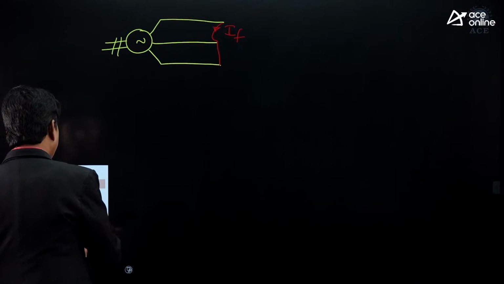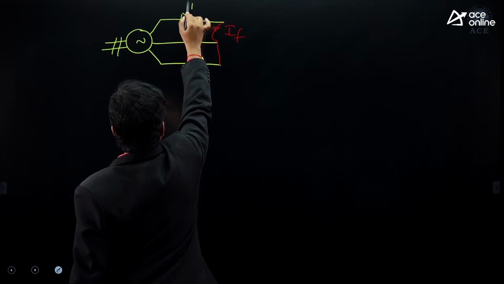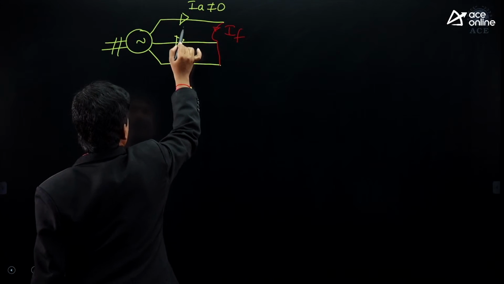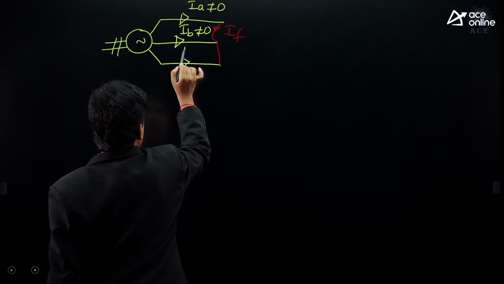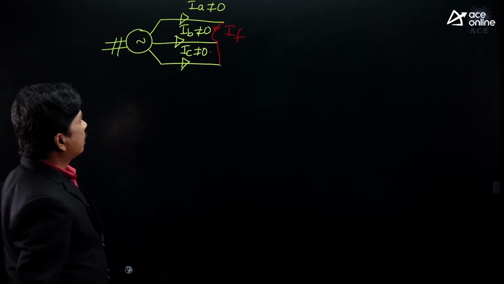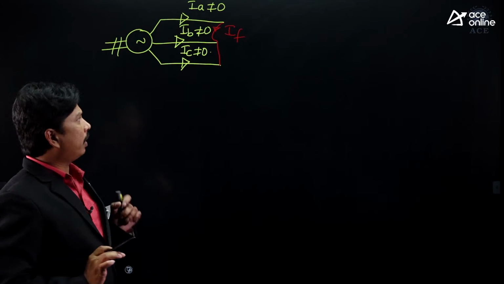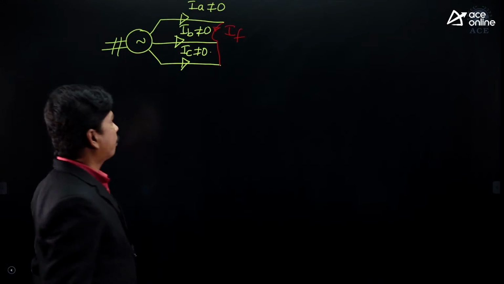So whenever the fault occurs, IA is not equal to 0, IB is not equal to 0 and IC is not equal to 0. So all the three phases, A phase, B phase and C phase, are involved in the fault. So we can say it is a three-phase fault.